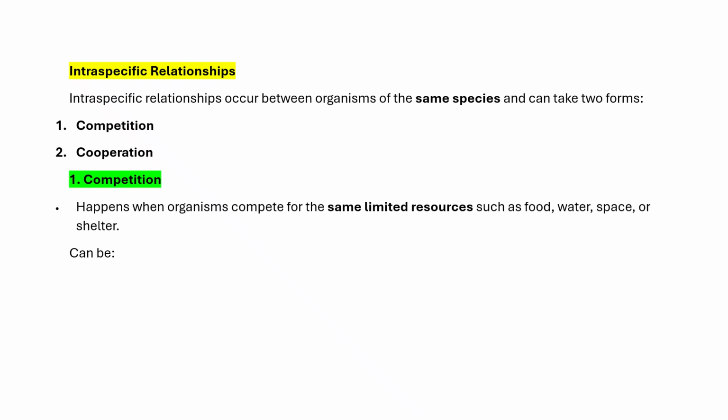For example, in a human population, human beings compete for such things because they are the same species, but they compete. Yes, that is one of the forms of relationships.